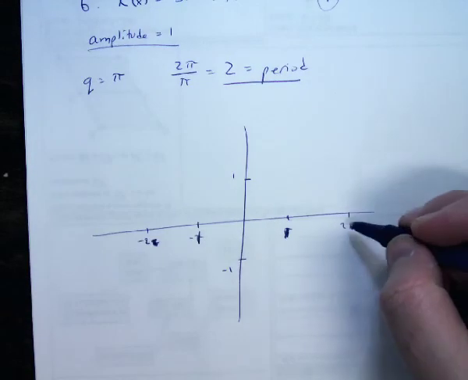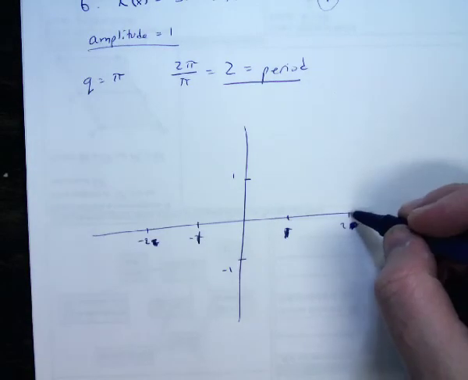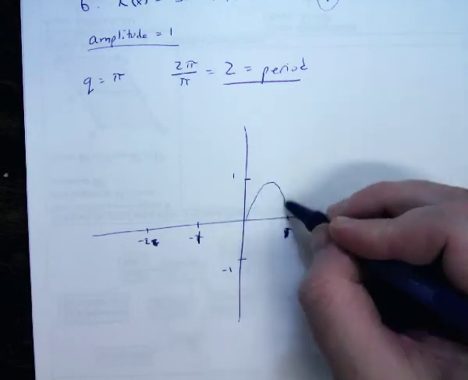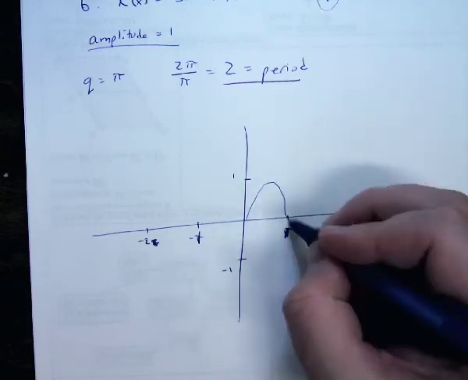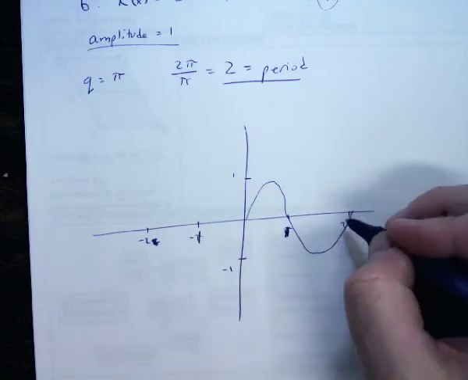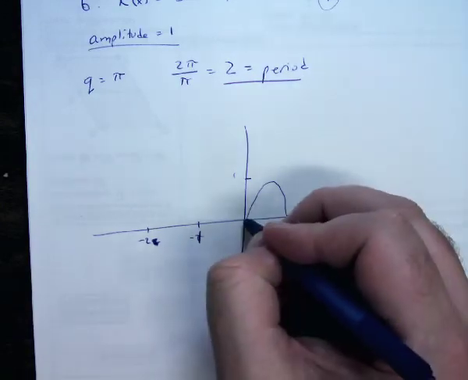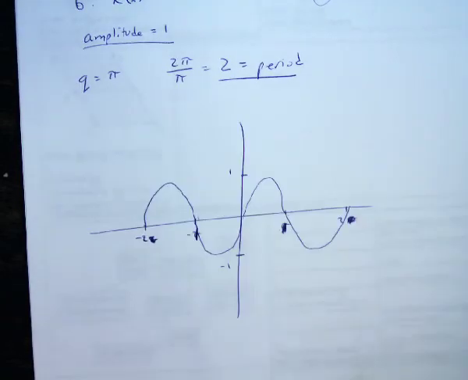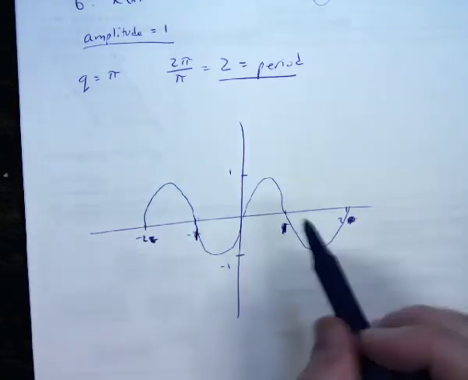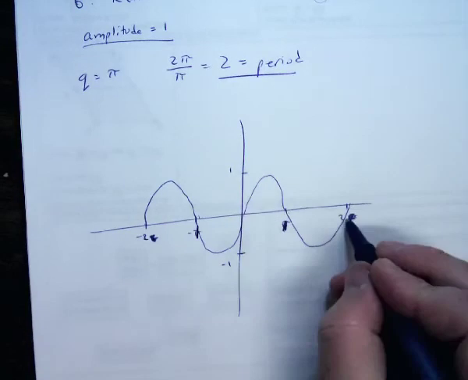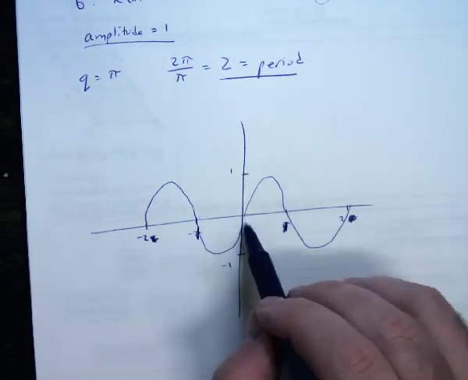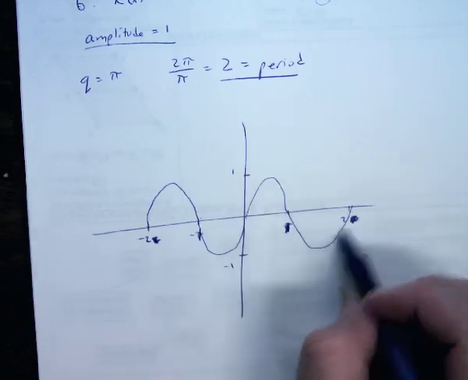So that means that I need to complete a cycle by 2. Which means I'm going to need to go 1 hill like this, and then 1 hill down. Like that. And then if I was going to go backwards, I'd go 1 hill down, 1 hill up. And that's what it looks like. But the key is that it takes just 2 to finish a cycle. And remember that in sine, our cycle, we don't start at maximum, we start at 0, and we make 1 hill and another hill.